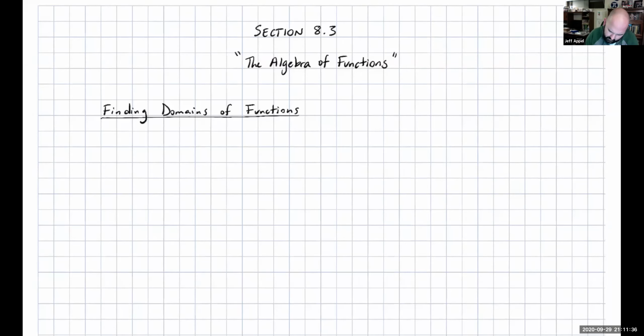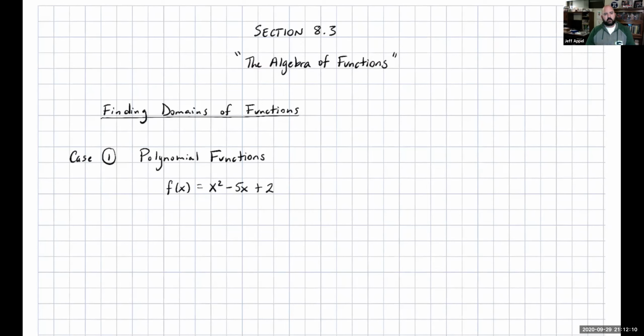To find domains of functions, there are basically three cases I want to make you aware of. In case number one, we're going to talk about polynomial functions. These are the kind you're most familiar with. I could write something like f of x equals x squared minus 5x plus 2, which would be a polynomial function.